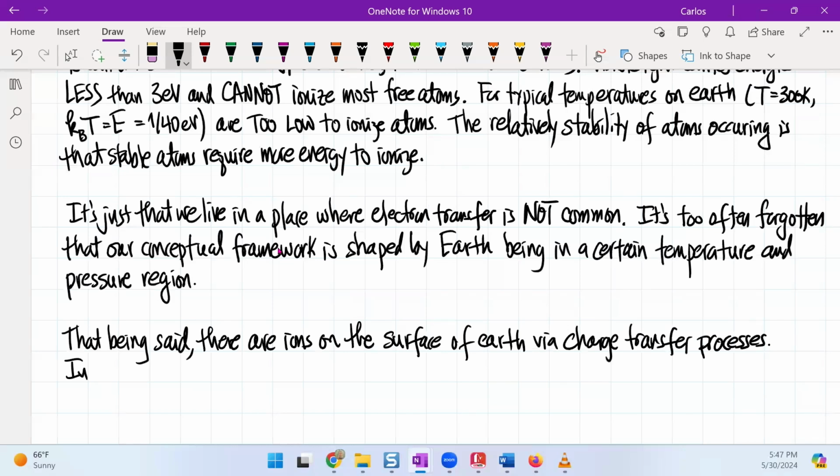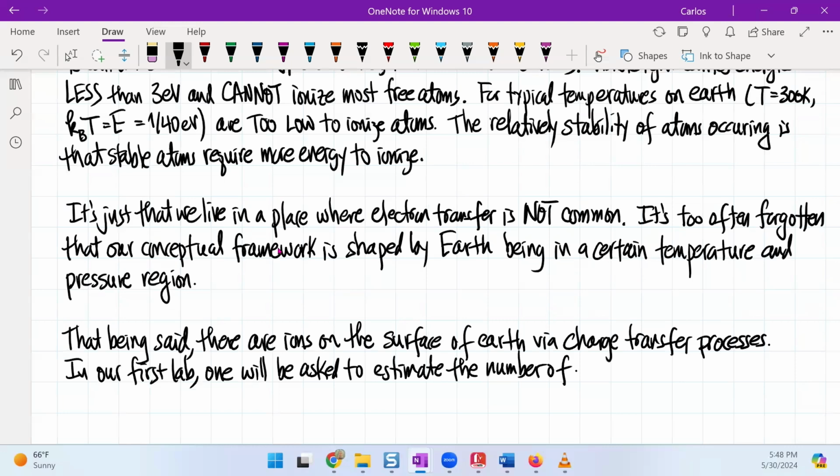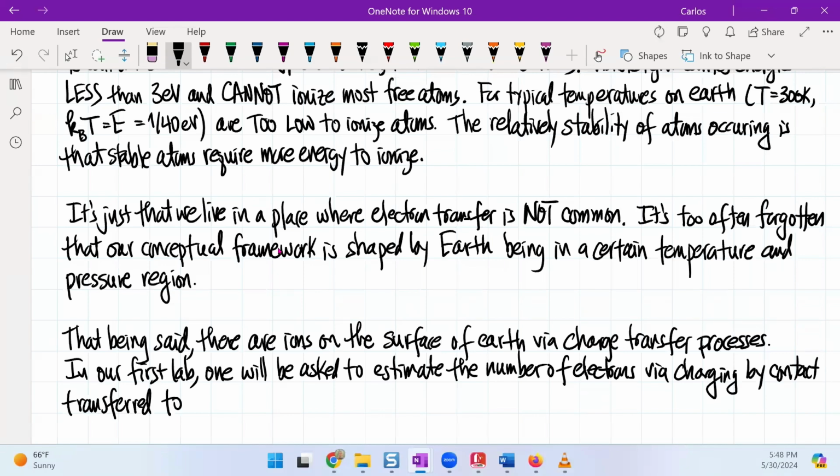In our first lab, one will be asked to estimate the number of electrons transferred to a balloon via charging by contact.